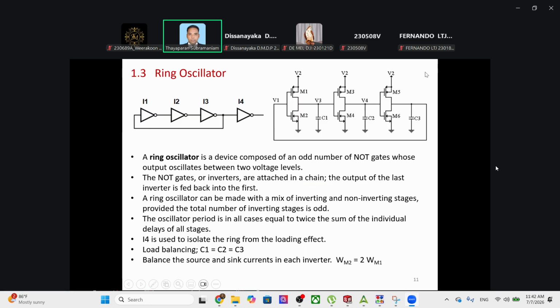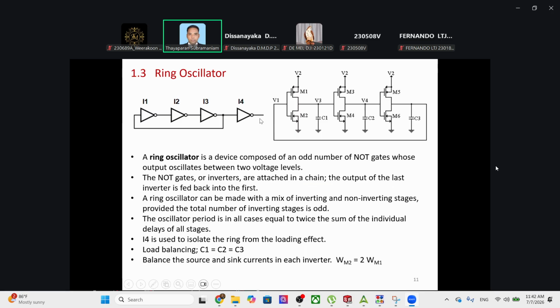When it's not enabled, it will not oscillate. So what do you do? You put a switch here or an AND gate somewhere in the feedback path. If you put an AND gate, one input is the feedback path, and the other input is the control, the enable pin.